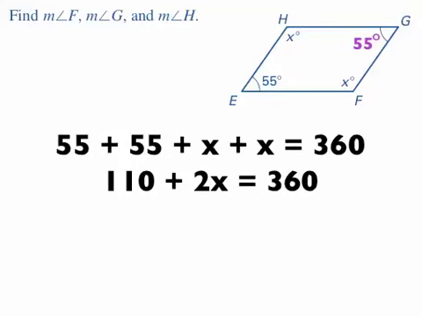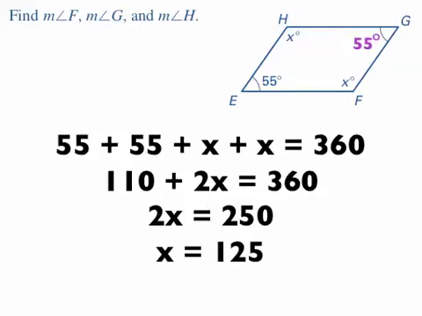When you subtract 110 from both sides, you get 2x equals 250. Divide both sides by 2, and you find that x equals 125. So, because x equals 125, we know that the measure of angle H is 125 degrees, and the measure of angle F is also 125 degrees.